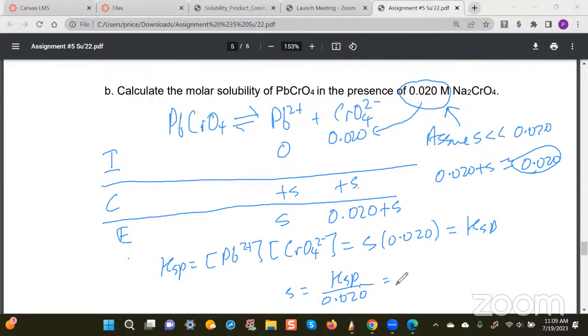And the KSP is equal to 1.8 times 10 to the minus 14 divided by 0.020. And according to my calculation, that works out to be equal to 9.0 times 10 to the minus 13 M. So that's the solubility of the lead 2 chromate in the presence of 0.020 M sodium chromate.